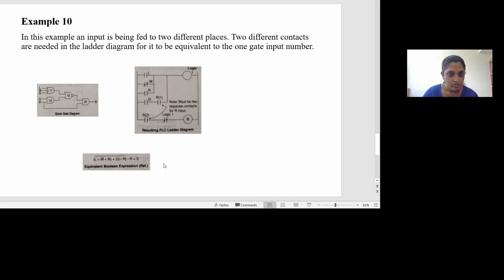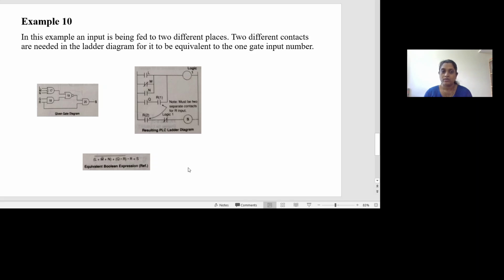So I think we went through a lot of conversion problems: given a ladder diagram, how you can convert it into a logic gate diagram, and given a logic gate diagram, how you can convert it into a ladder diagram. So these are the few conversion problems we have worked out in the last two sessions.